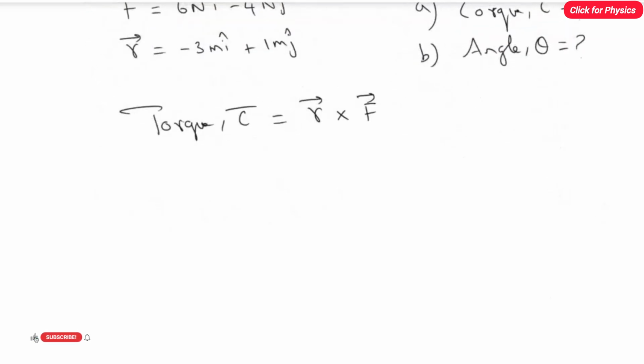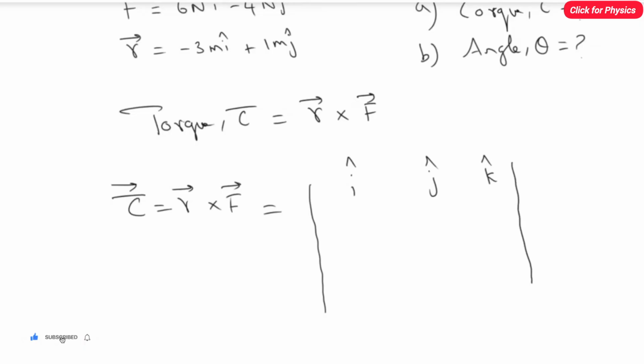Let's apply the rule first. Torque tau, which is equal to r cross F, equals the matrix form. I can write i cap, j cap, and k cap. Now I have to write the i j k values for the r vector.